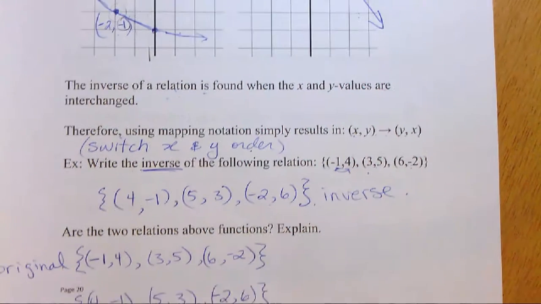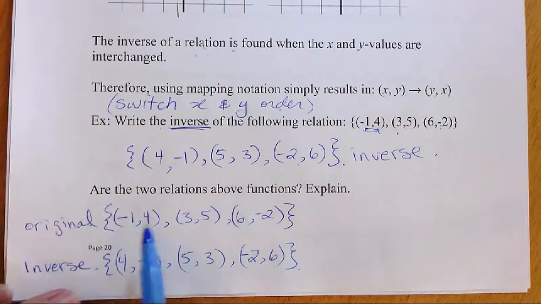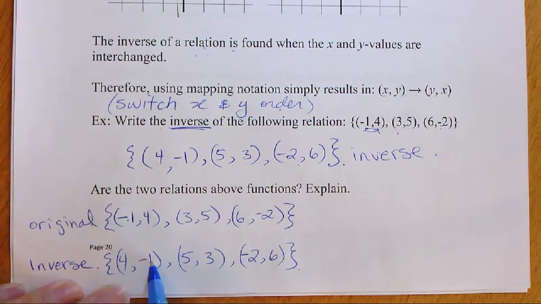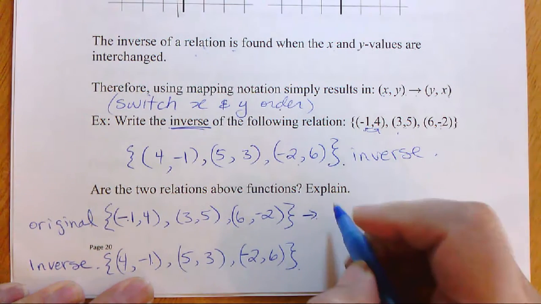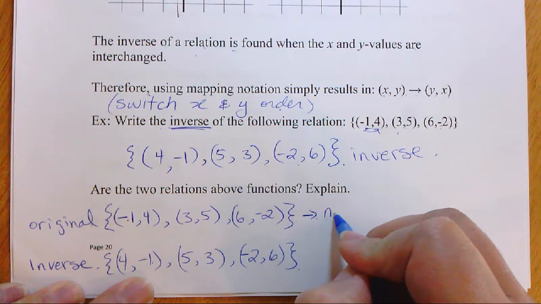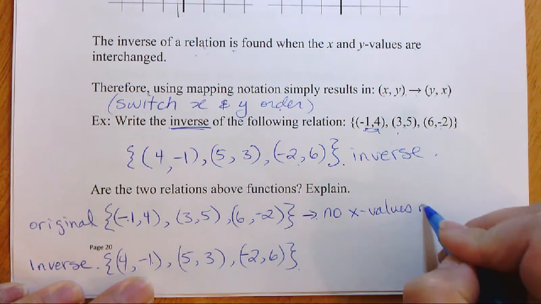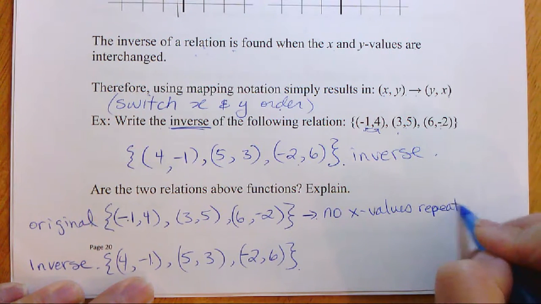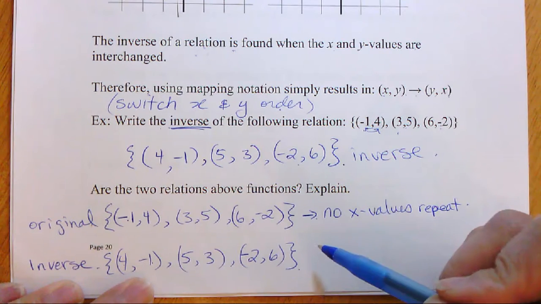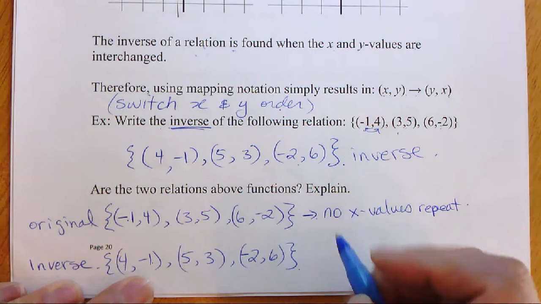We've got the original and then we've got the inverse right here. We're going to look at what the criteria is. Here we notice that there are no x values that repeat. So there's no way that we can have one x value with 2 different y values here because none of the x values even repeat.